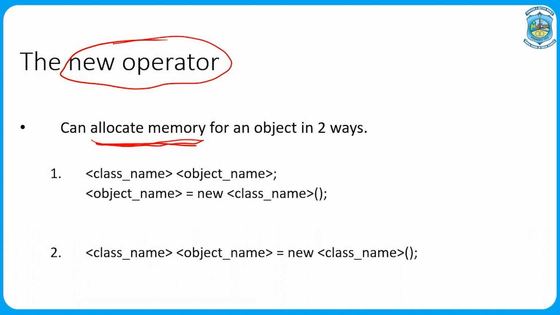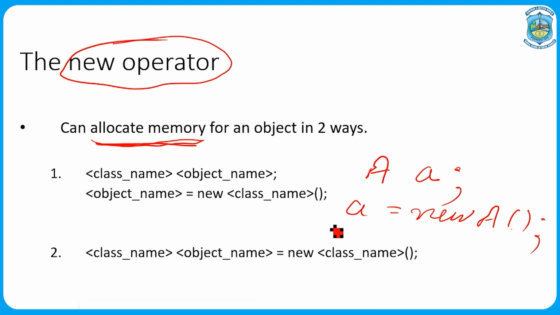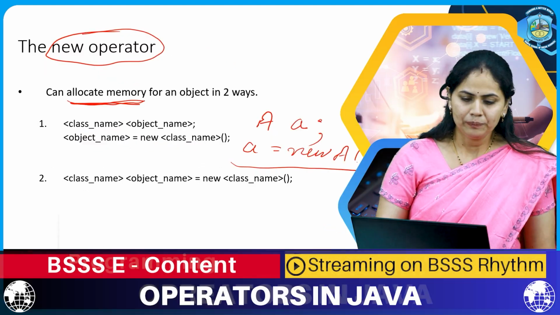Let the class name be A. I am making an object with the name a, terminated with a semicolon. Then the object a is equal to new A, parentheses, then terminate. This is the first way, the general syntax of the new operator.